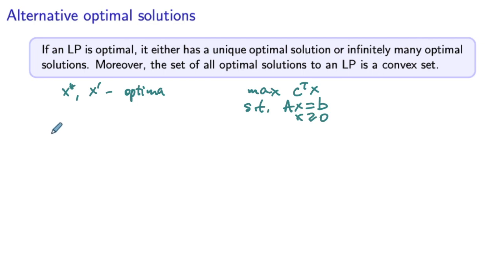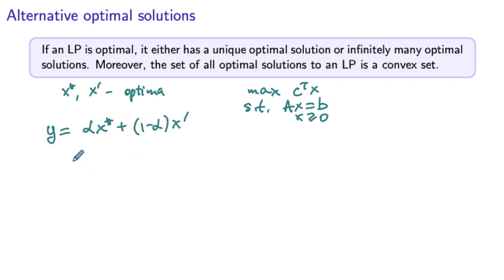Then what we are going to show is that if you have these 2 optimal solutions, then every point in the convex combination of these 2 solutions will also be an optimal solution. So let's consider an arbitrary convex combination. Let's call it y, and it's going to be given by alpha x star plus (1 minus alpha) x prime.